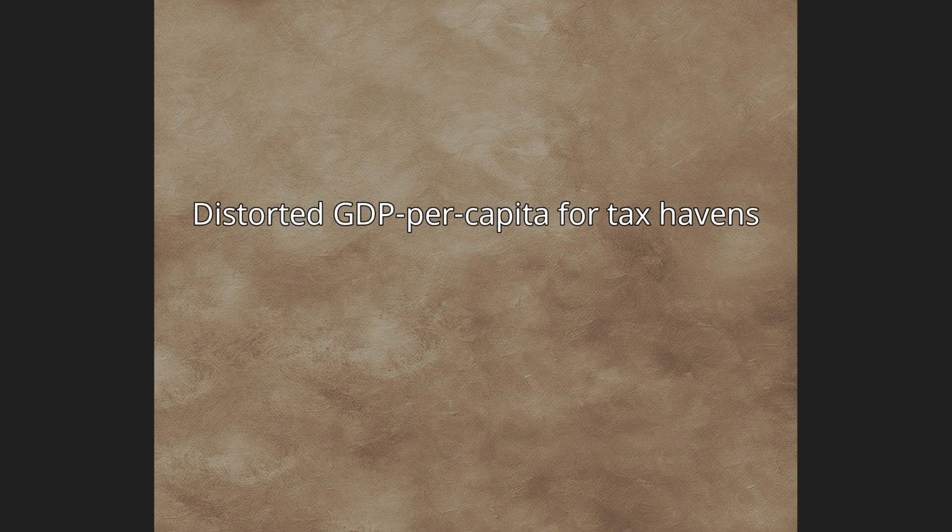To address this, in 2017, the Central Bank of Ireland created modified GNI, or GNI asterisk, as a more appropriate statistic, and the OECD and IMF have adopted it for Ireland. 2015 Irish GDP is 143% of 2015 Irish GNI asterisk.